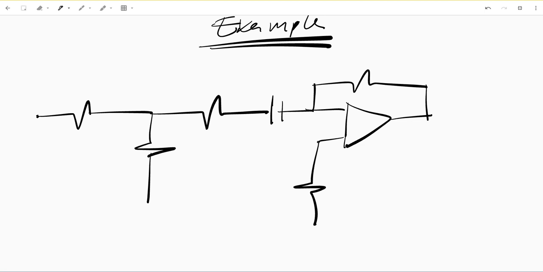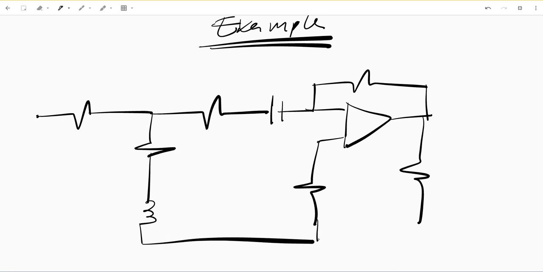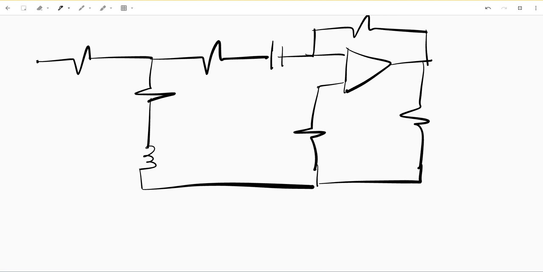And this may look a little scary to begin, but at the end of this course, or the end of this series, you will know exactly how to analyze a circuit like this without even drawing it out or thinking about it.